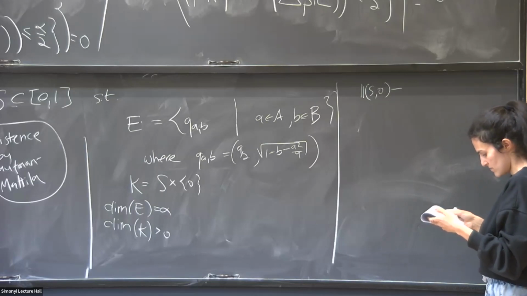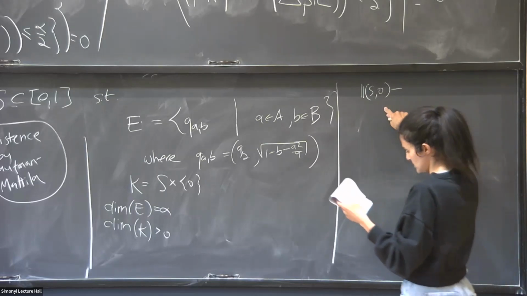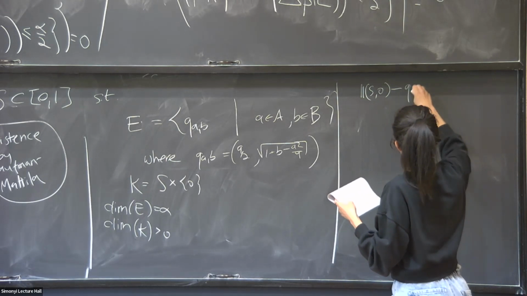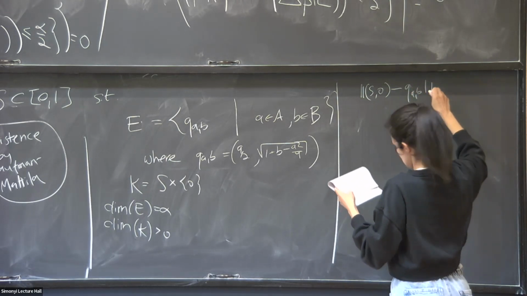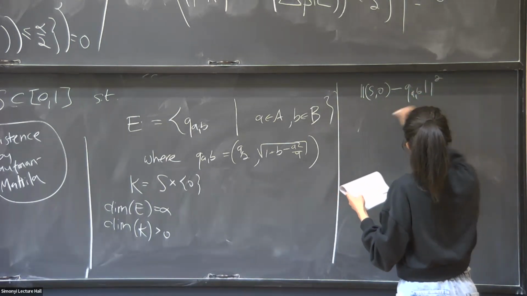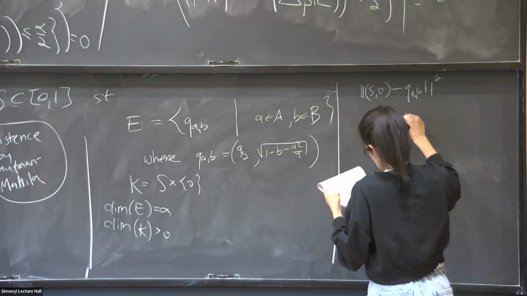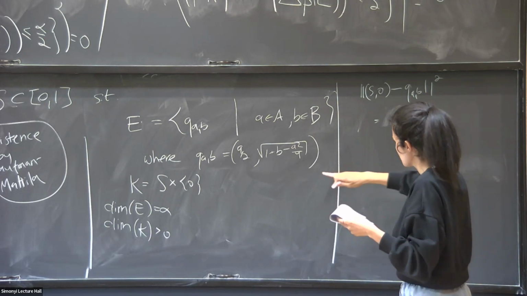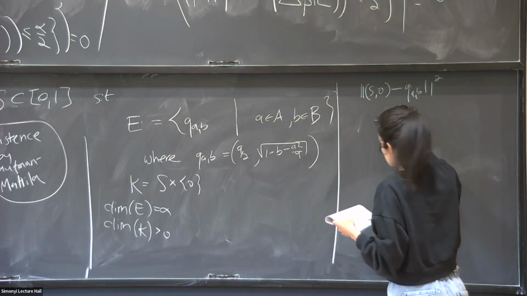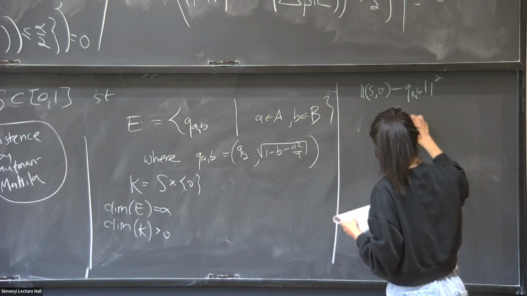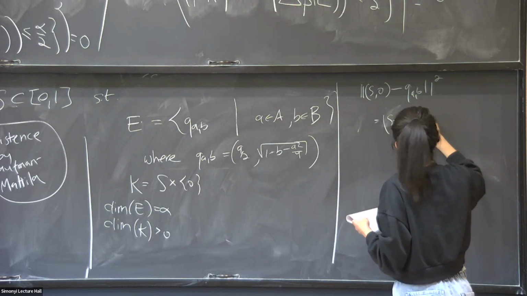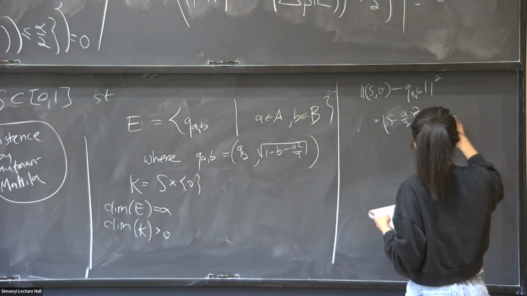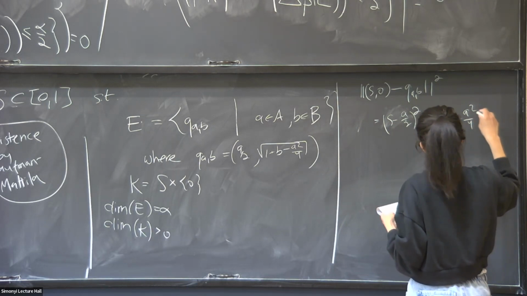Okay. So the distance between (s, 0) and Q_{a,b} squared is (s minus a over 2) squared plus (1 plus b minus a squared over 4) squared. Okay, let's do the computation.